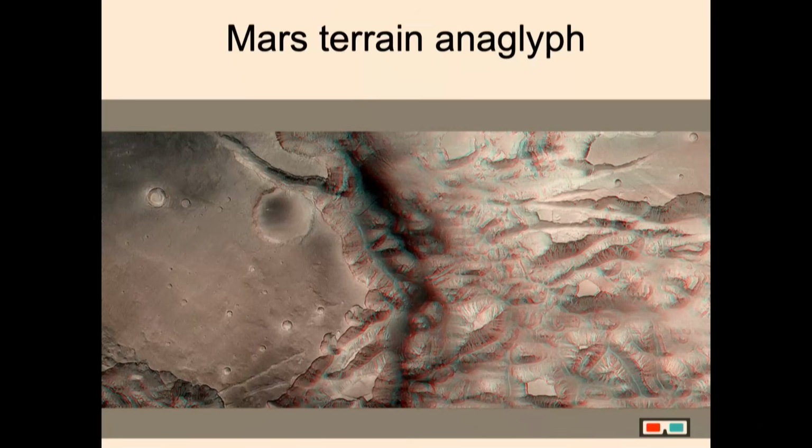Okay, so you can do this, like these are just generated synthetically. You can do this with photos. So these are like the photos that go into the stereoscope, right? So two different photos from two different positions.